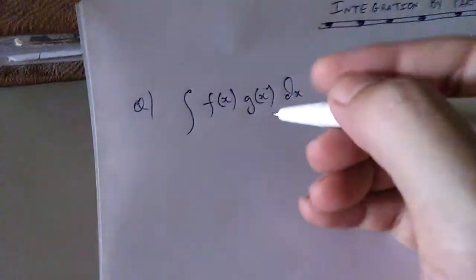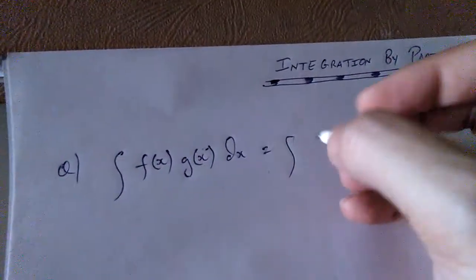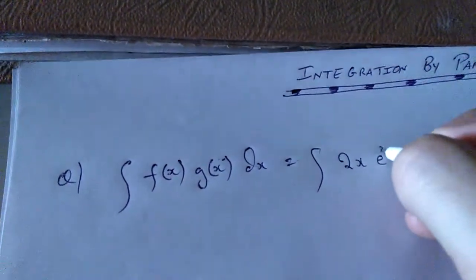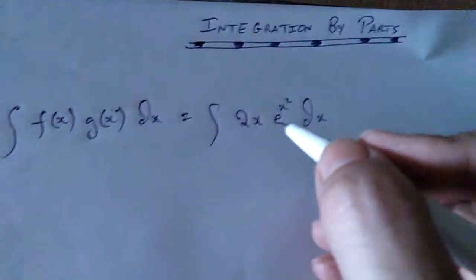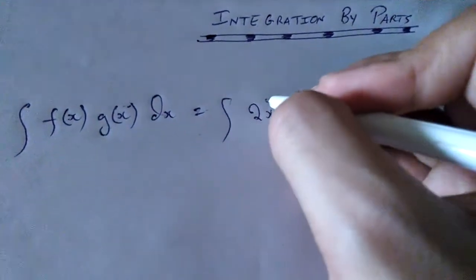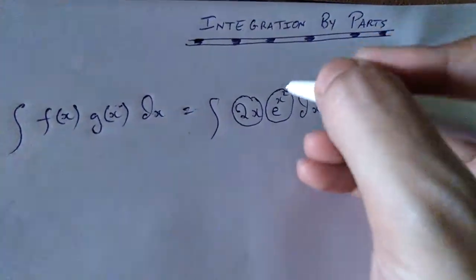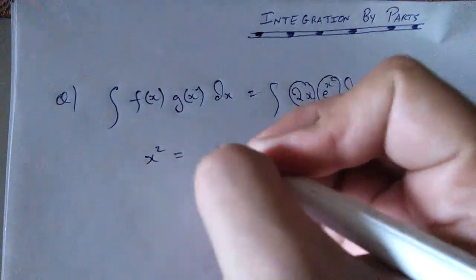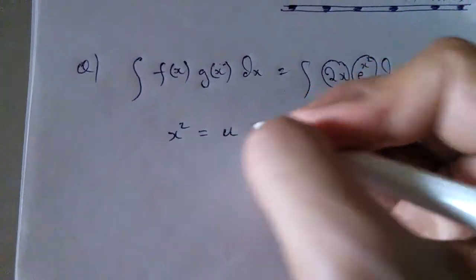Okay, so if one function is like this, and another function is this, and if I simply substitute x square to u, that commonly you just take as u substitution, that's why I am substituting x square by means of u.